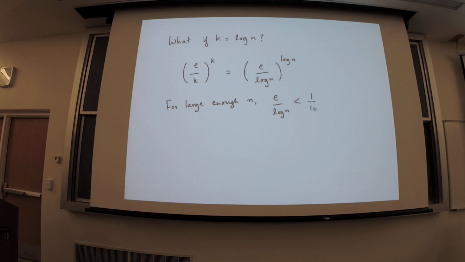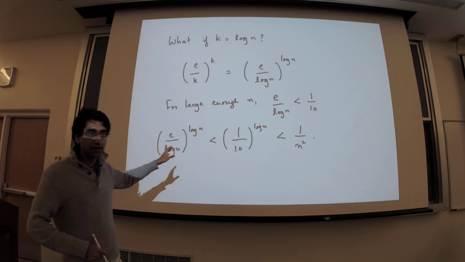And now this bound already tells you that in this case the probability is less than 1 by n squared. I'm just giving you a very conservative upper bound.